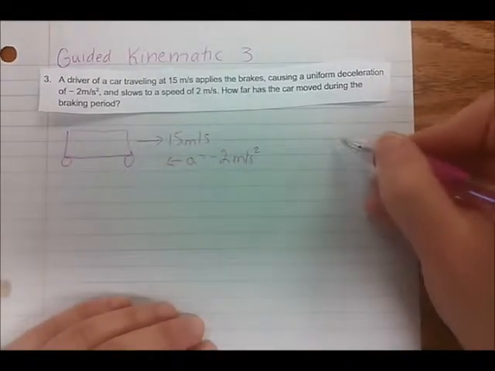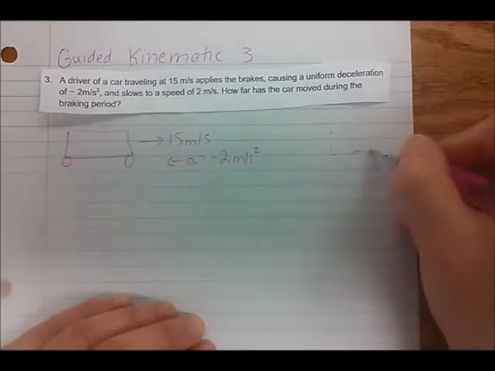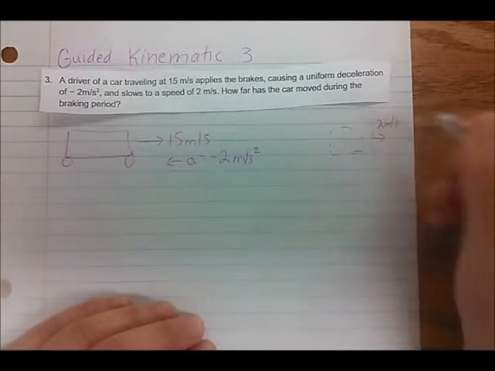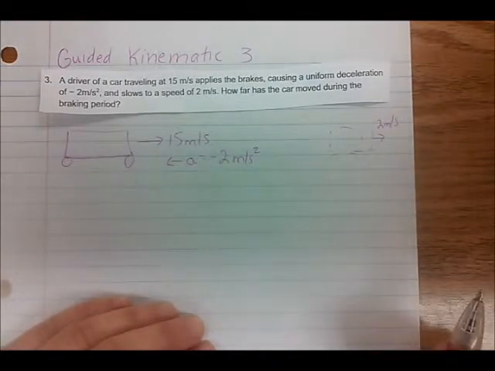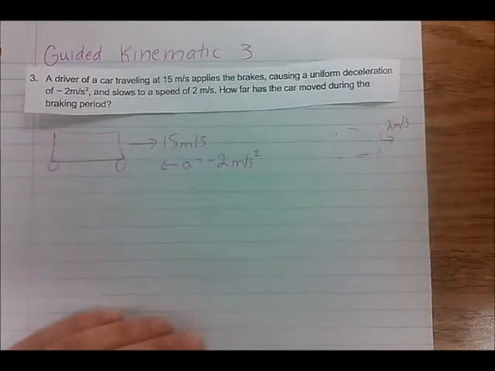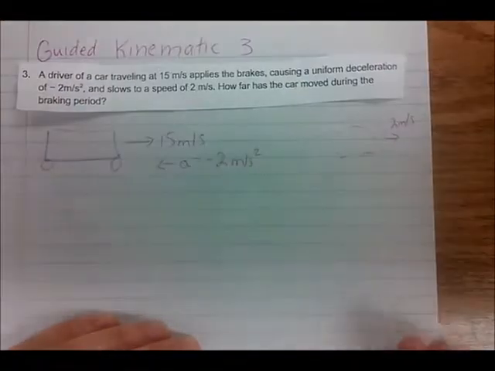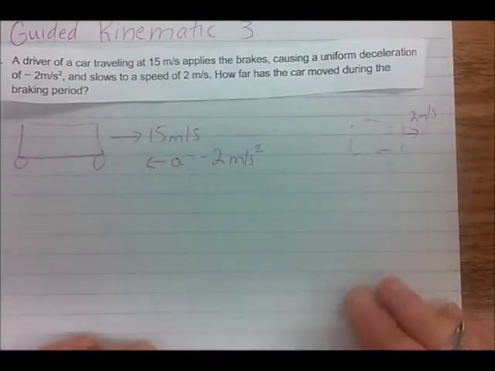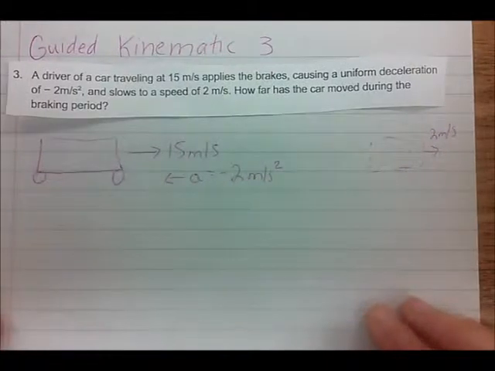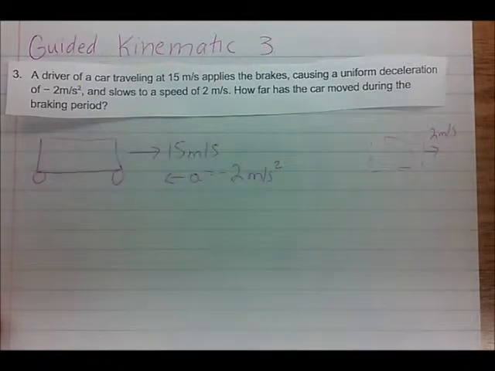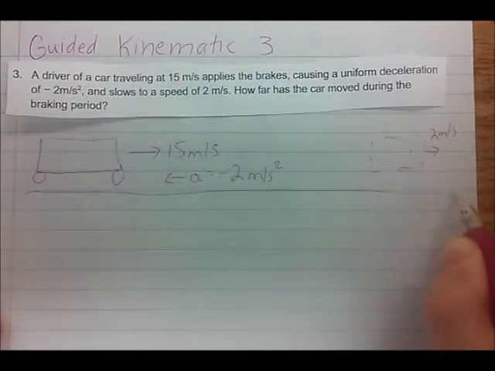And when it travels a bit, it slowed down to a speed of 2 meters per second. Just wanted to zoom in there a little bit. All right, this is a certain distance.